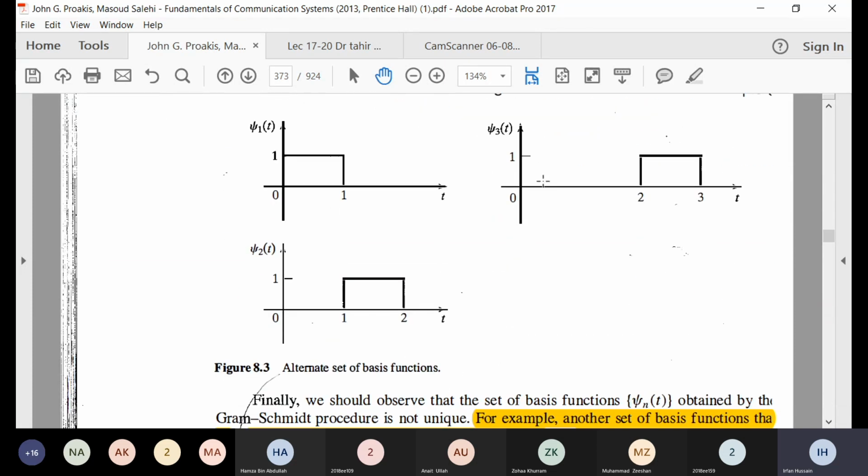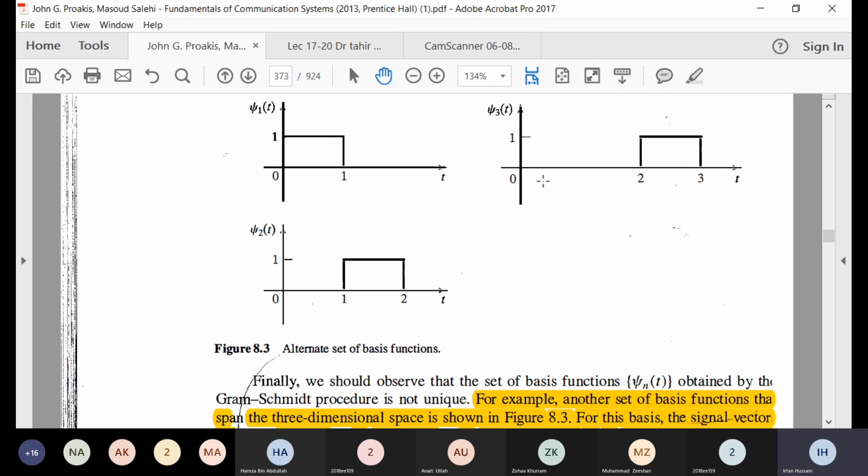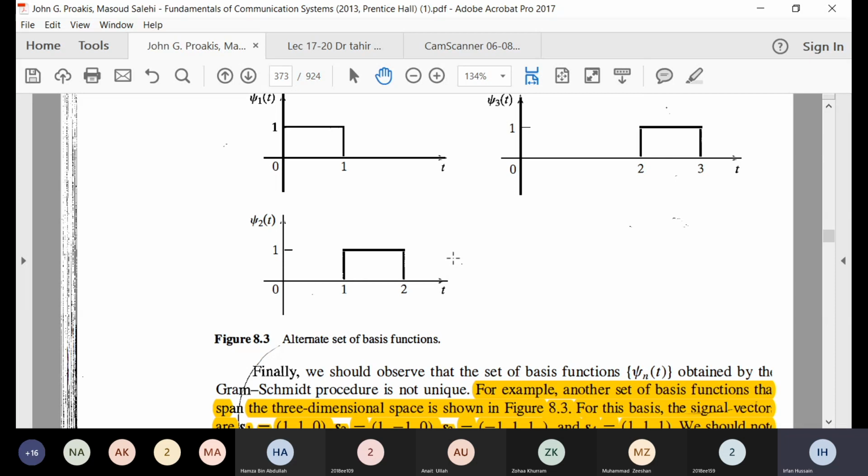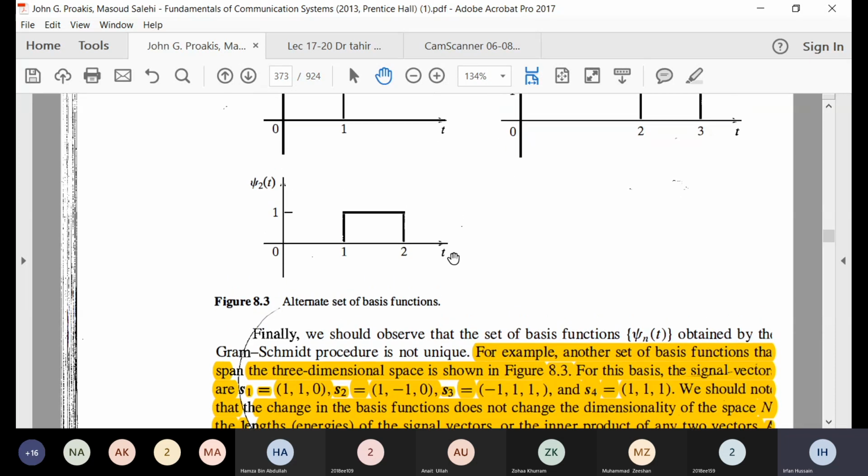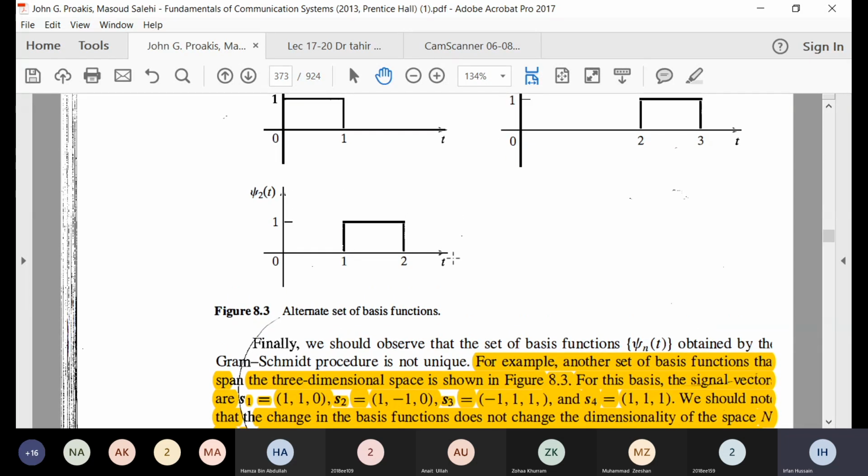Now what we do, as we said, the basis functions are not unique. Let us say we use another set of basis functions for the same example. And again we will calculate the projections of S1, S2, S3 and S4.